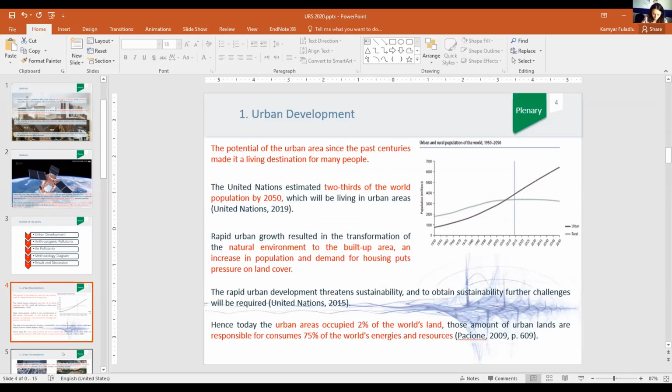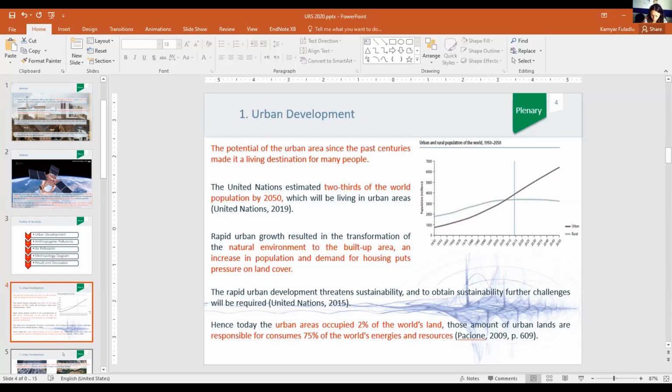Accordingly, the United Nations estimates that by 2050, almost two-thirds of the world population will live in an urban area. Such rapid urbanization results in the transformation of the natural environment to built up, and puts pressure on the land cover.